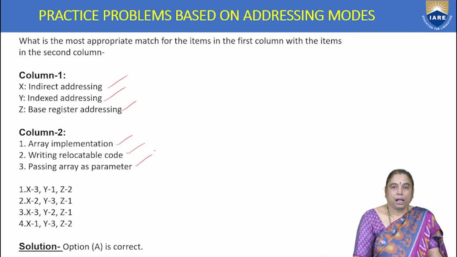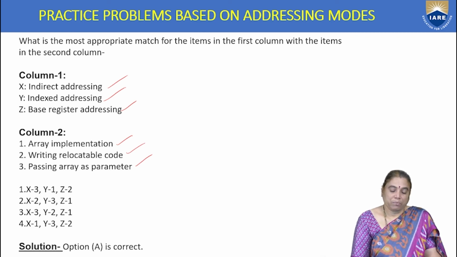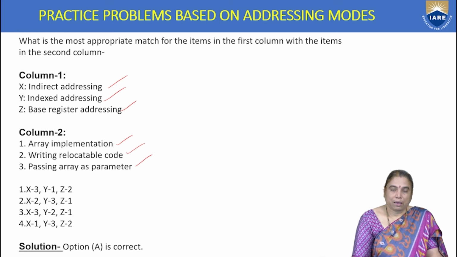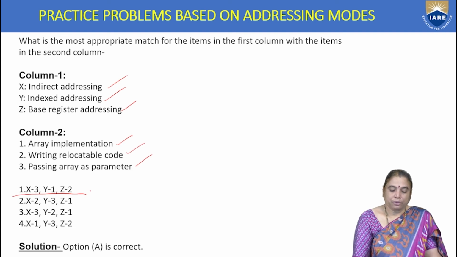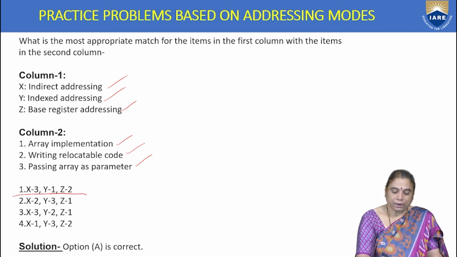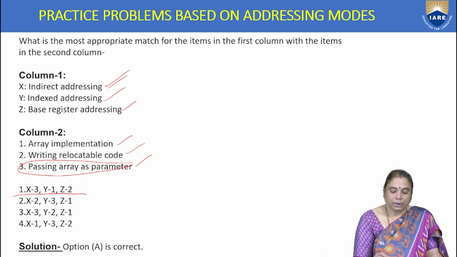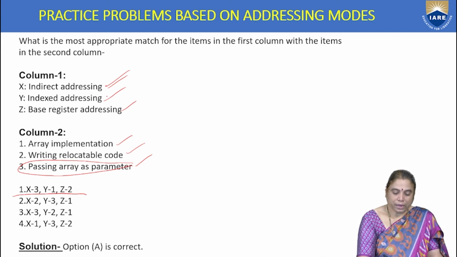So these are the high level language mechanisms, and they can be chosen as appropriate for each addressing mode. So the first one is the answer. Indirect addressing mode matches passing array as a parameter. Next, indexed addressing mode matches array implementation.